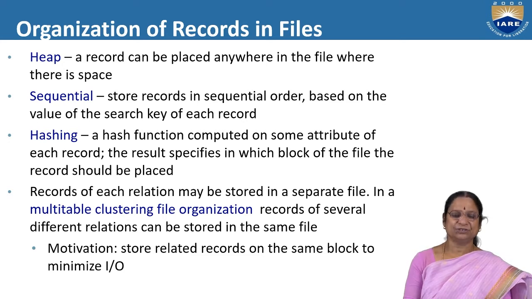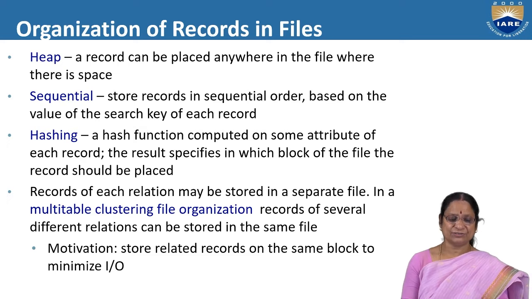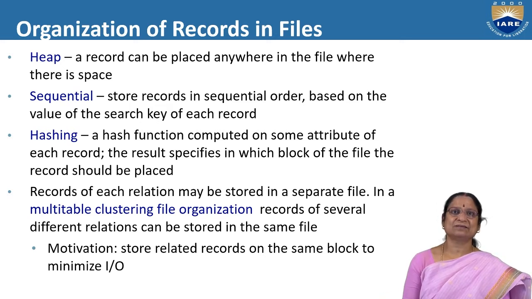Heap organization, sequential organization, hash indices organization, or normal indexing, ordered indices organizations, multi-table clustering organizations, indexed sequential organizations, and so on. Depending upon our need, because each of these approaches has its own advantages and disadvantages, we will select the appropriate organization technique to store our data in the database.